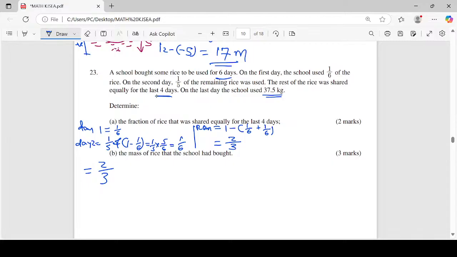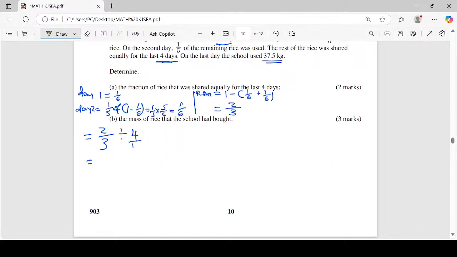shared equally for the last 4 days. I want to get what each of the last 4 days had. So I take 2 over 3, which was shared equally, and divide it by 4 days. I'll keep the first fraction, 2 over 3, then change the division to multiplication as I reciprocate the next one to 1 over 4.